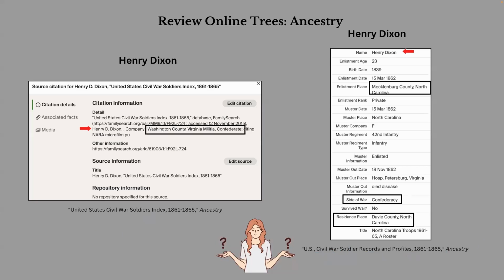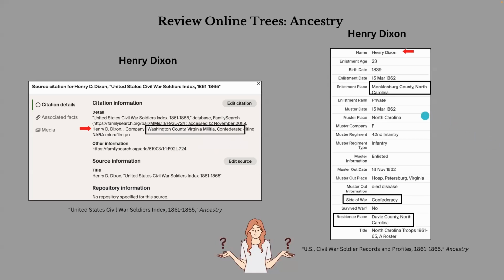Now, they both say Henry Dixon, they both say Confederacy, but are they the same person? This one says he's from Washington County, Virginia, in the militia. And the militia is like a local home guard. So he was living at home, serving locally, like the National Guard, but your local home National Guard.